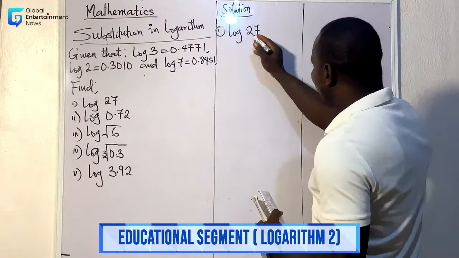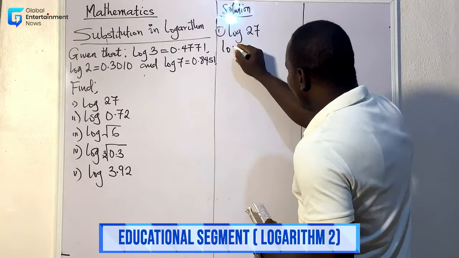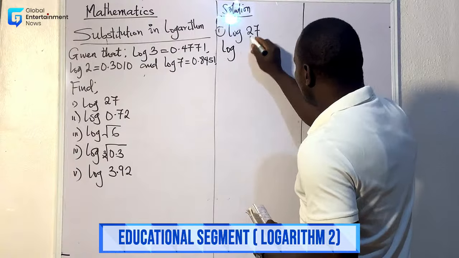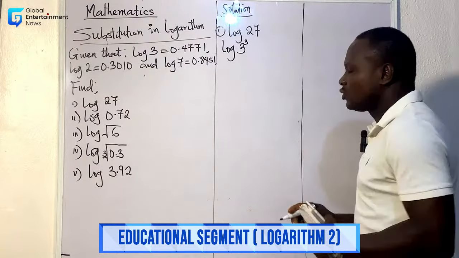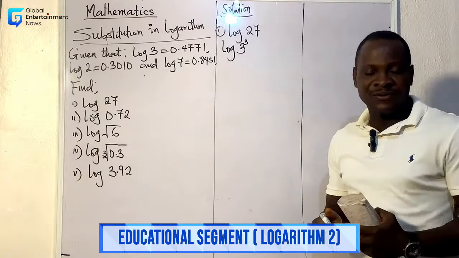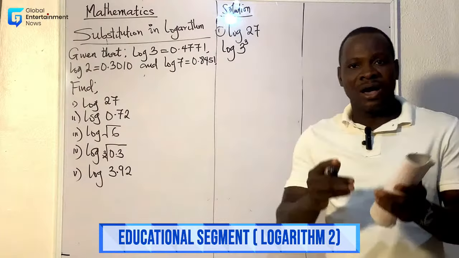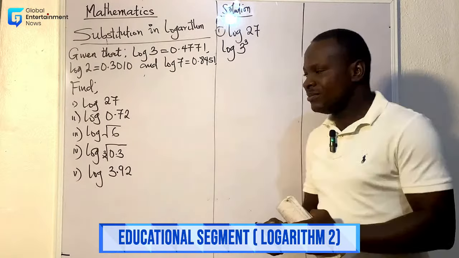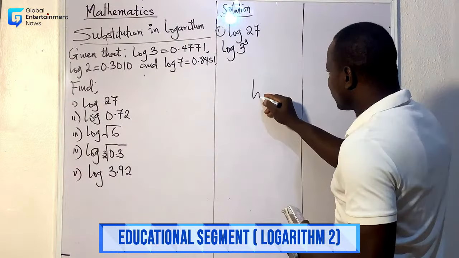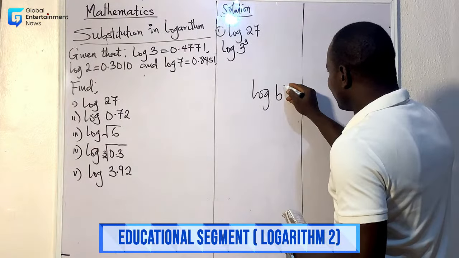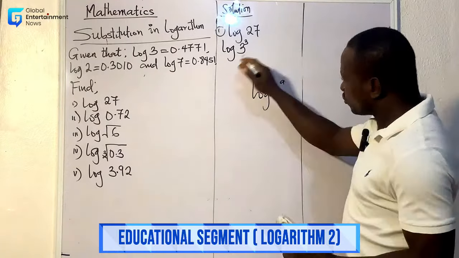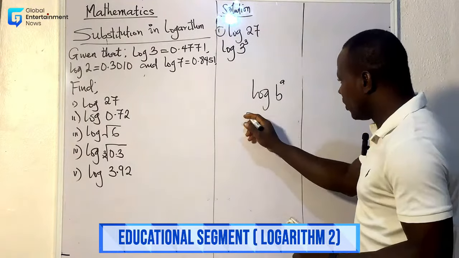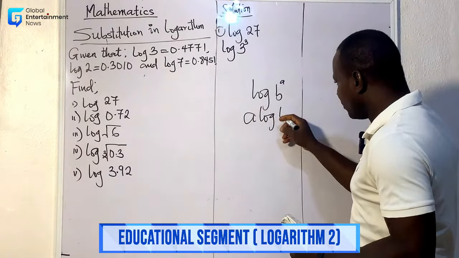It means that my log 27 has now changed to log 3 raised to power 3. Do you understand? If you can remember, according to the law of logarithm, once we have log b raised to power a, the power, which is the index, goes to the front, and it's going to be a log b.